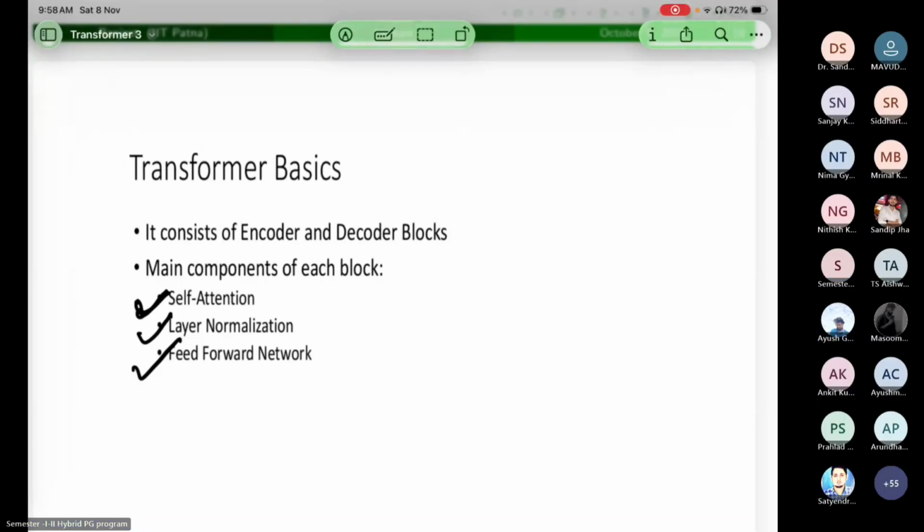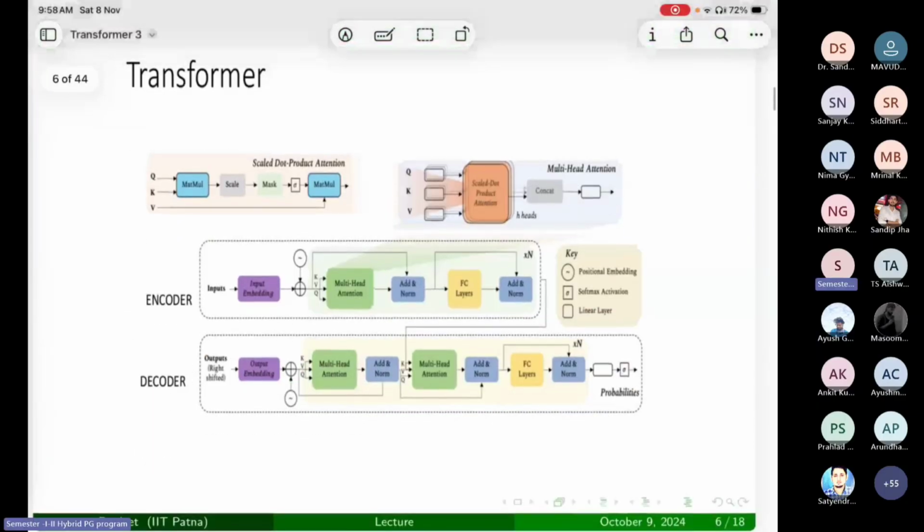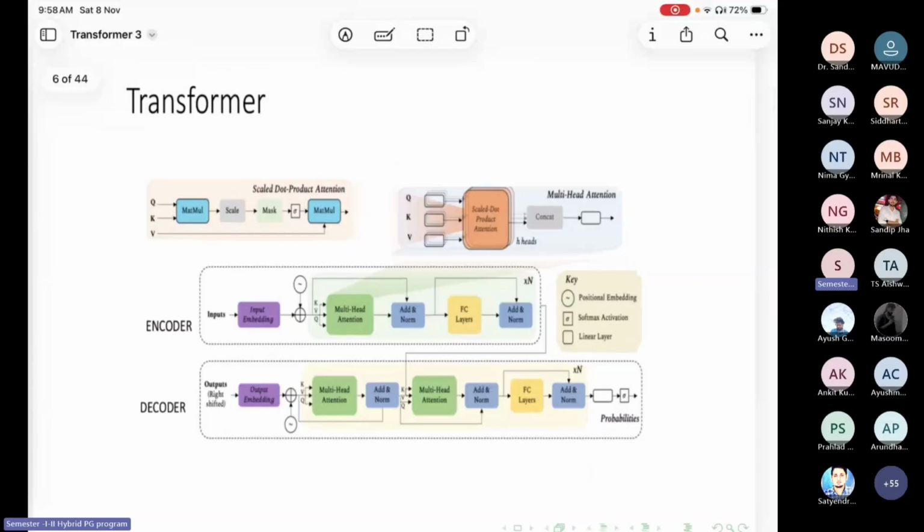Here is the diagram of the transformer. You can see we have the encoder and the decoder. The encoder takes input, does something, then applies attention, which is multi-head attention.